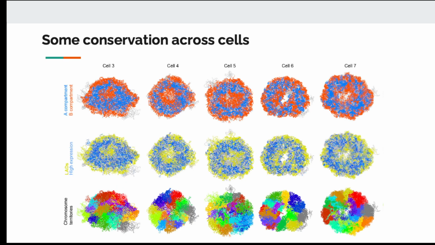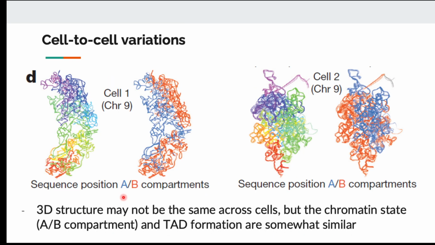And the chromosomes are still organized in specific regions of the genome. If you compare the 3D models from two different cells, you see that the 3D structures are nowhere near the same, but you still have two halves of the chromosomes being active and inactive, separate from each other.